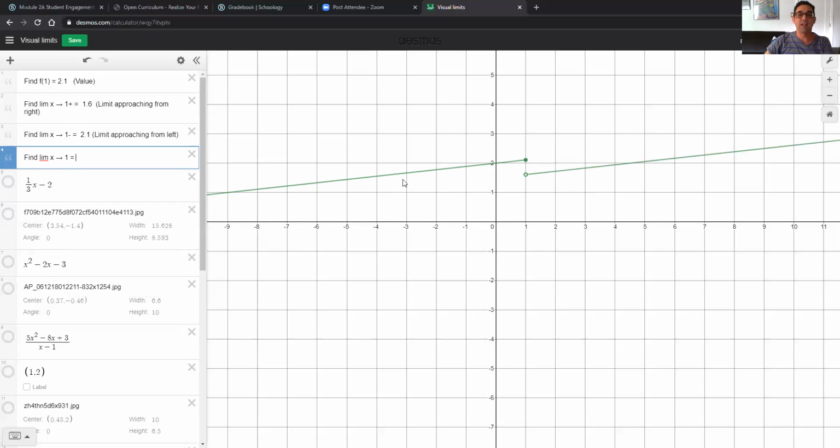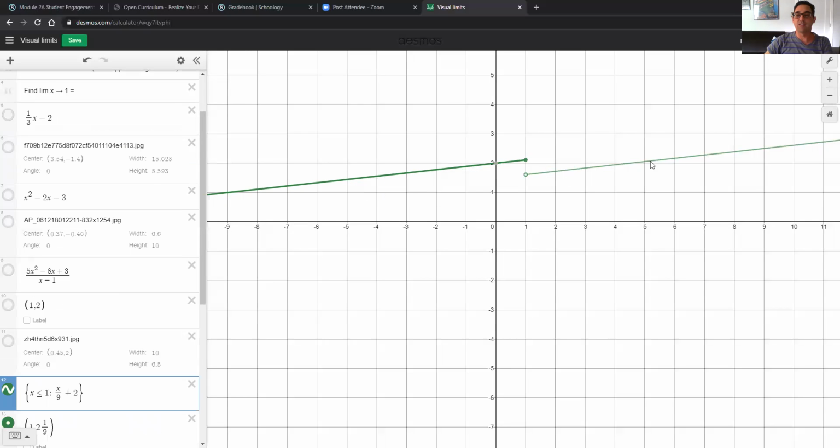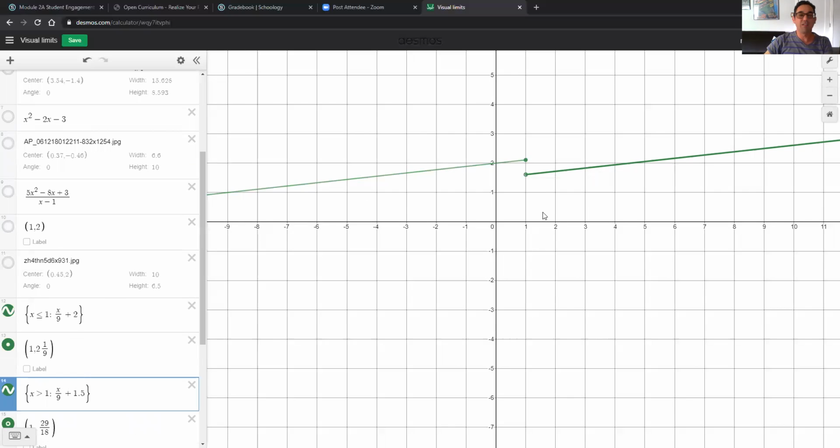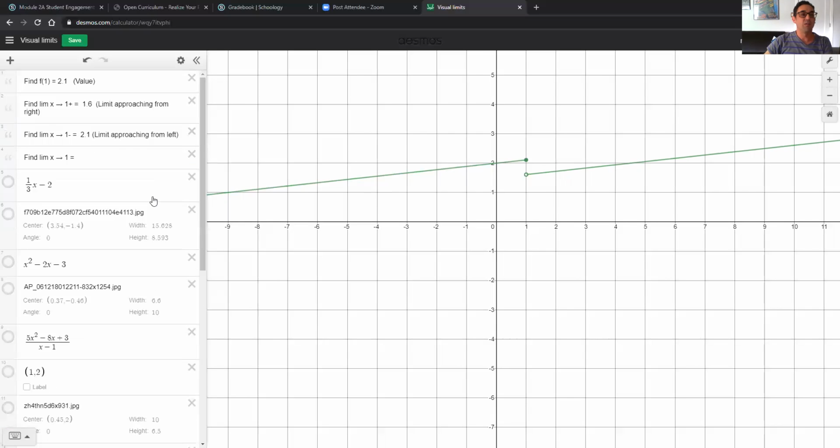So basically saying, if this road is heading this way and this road is heading this way, what is the value they both head to? Well, the thing is they head to different places. So we're asking, do they head to the same spot? And the answer is, well, no, this one's heading to address 1.6. This one is heading to the address 2.1. They're not heading to the same address.